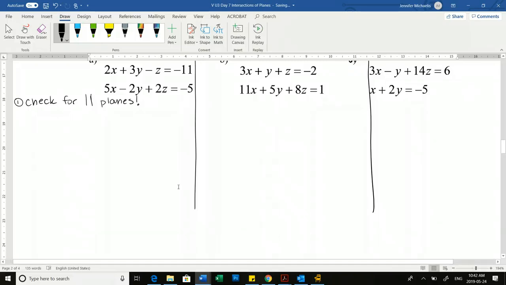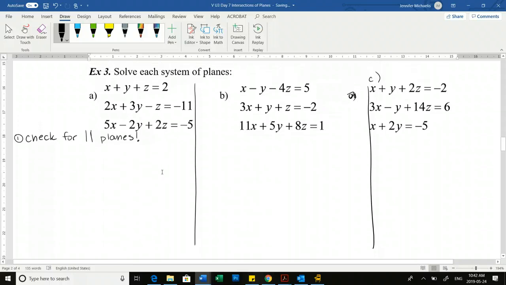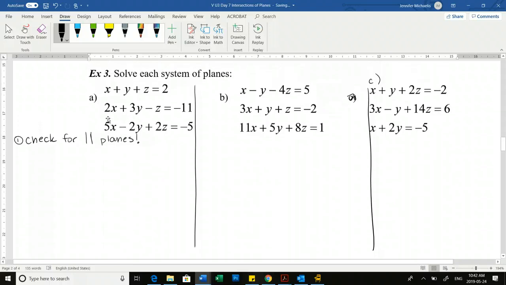All right, so we can do this by observation. If I were to make these x's multiples of one another, I'd have to multiply this whole equation by 2, right? So if I try to make these the same, then this will be 2x plus 2y plus 2z plus 4. So I automatically know these two are not parallel, okay?